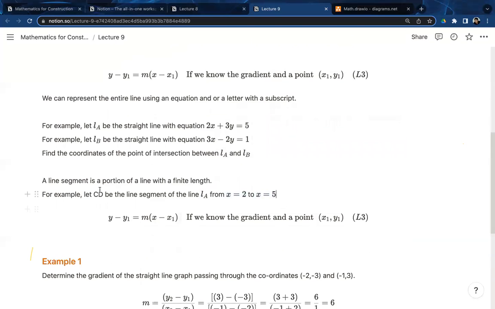Okay? So CD is how you represent a line segment, because a line by itself, like this equation here, is really an infinite line.